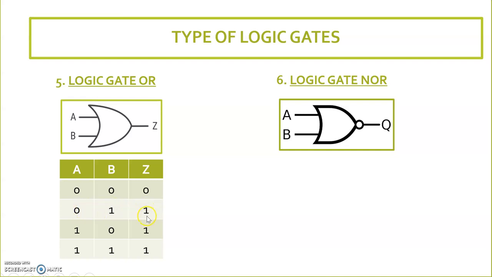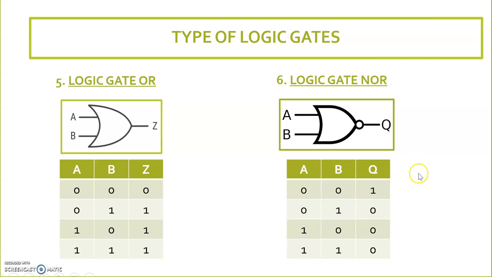Then the output will be 1. For example, when the input is 0, 0, of course the output will be 0. Input 0, 1, it has 1 here, so the output will be 1. 1, 0, the output will be 1, and when both are 1, of course the output will be 1.